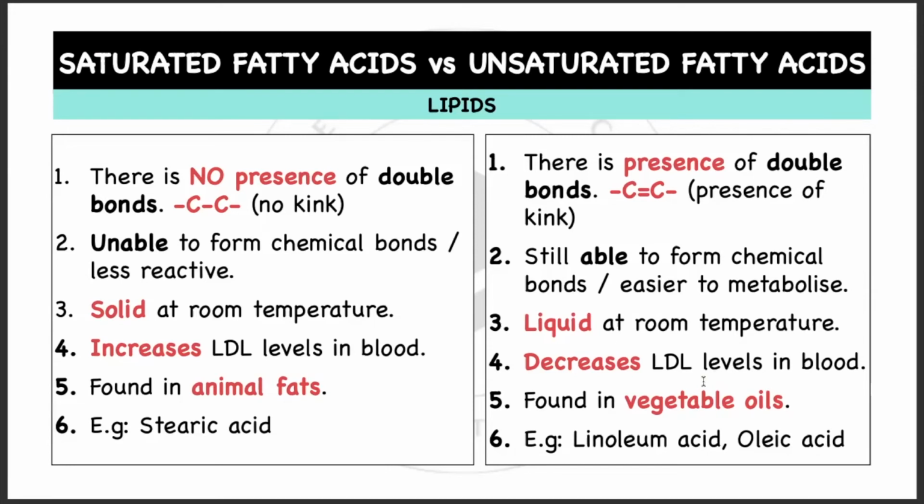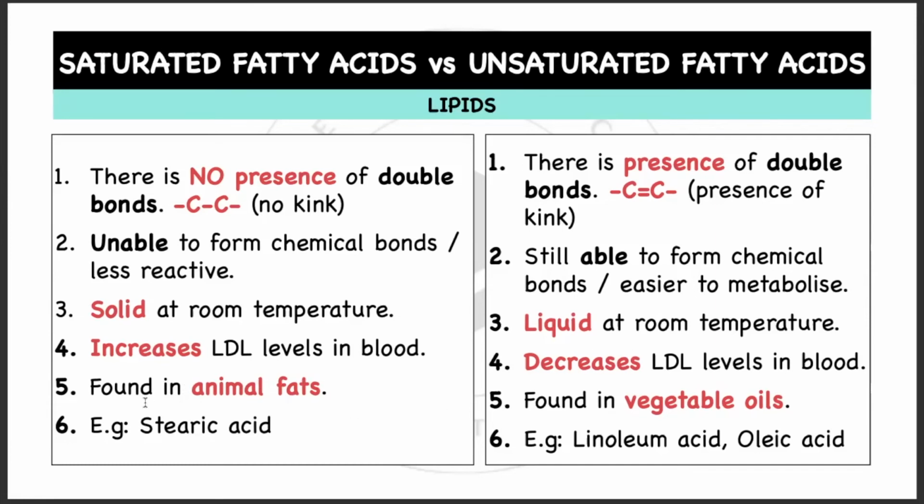Whereas for oil, vegetable oil, it decreases the LDL levels in blood. So it's known that vegetable oil is healthier than animal fats. So just remember, vegetable oil, it's liquid at room temperature, decreases LDL levels in blood, LDL, the bad cholesterol, and since it's in liquid state, you can just use it. So yeah, that's how I remember last time.